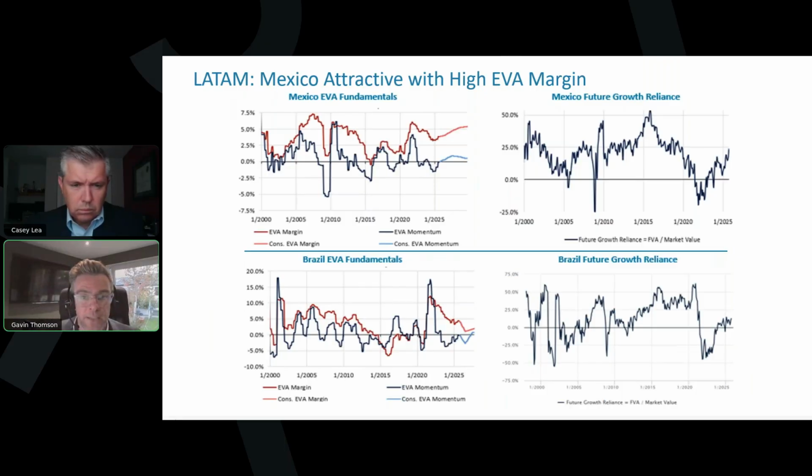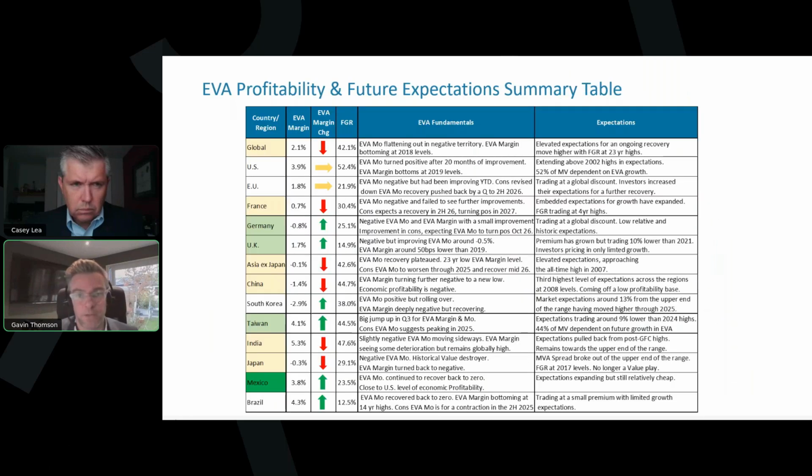Okay, the next slide sums this up from a table perspective, and I'm not going to go through everything here and repeat myself, but it's quite nice to visualize, first of all, those arrows, which show the EVA margin change, the latest quarter EVA margin change for each of those markets.